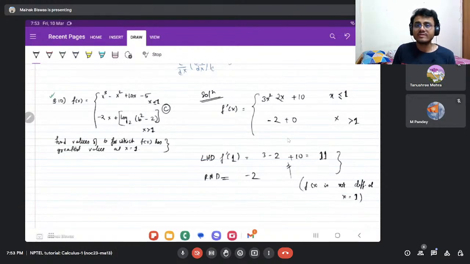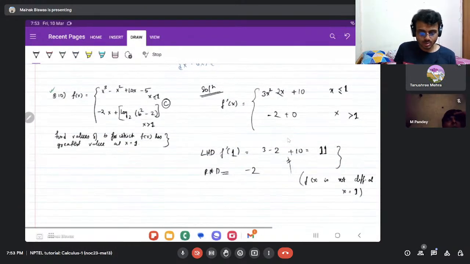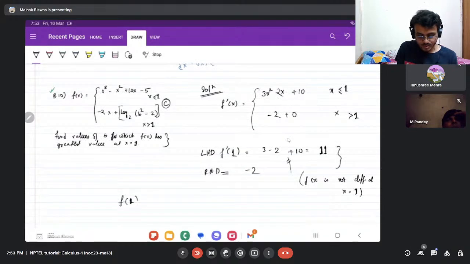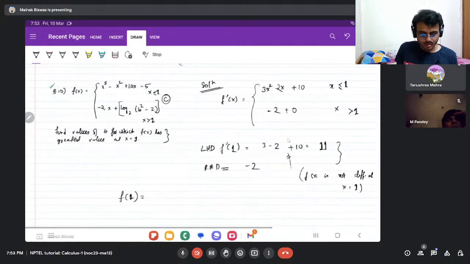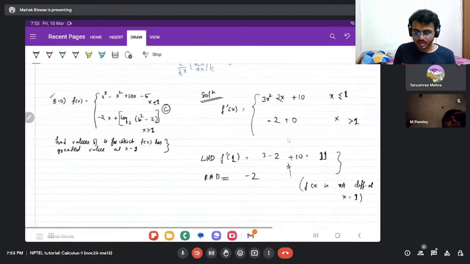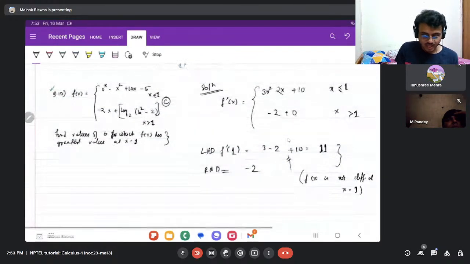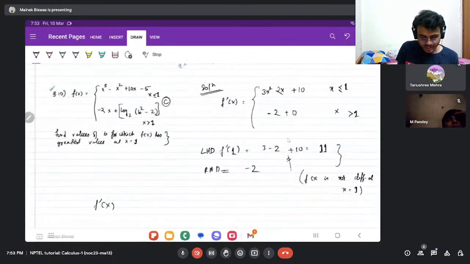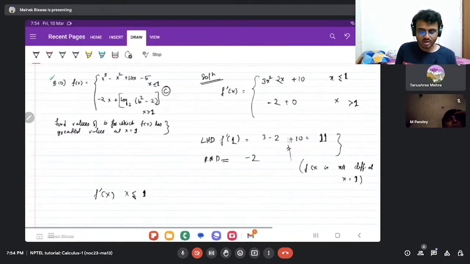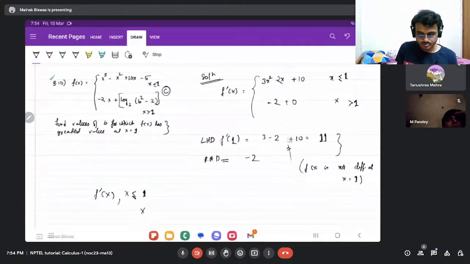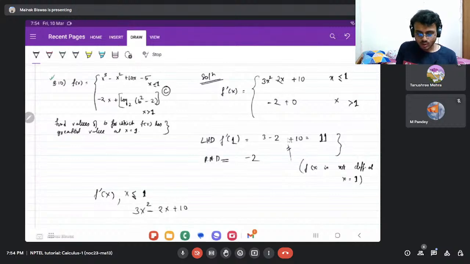So you cannot use the derivative method. So what can you use? So let's put f of 1. Or let's solve this. So f dash x for x less than 1. So is it an increasing function or a decreasing function? I claim that it is always greater than 0.